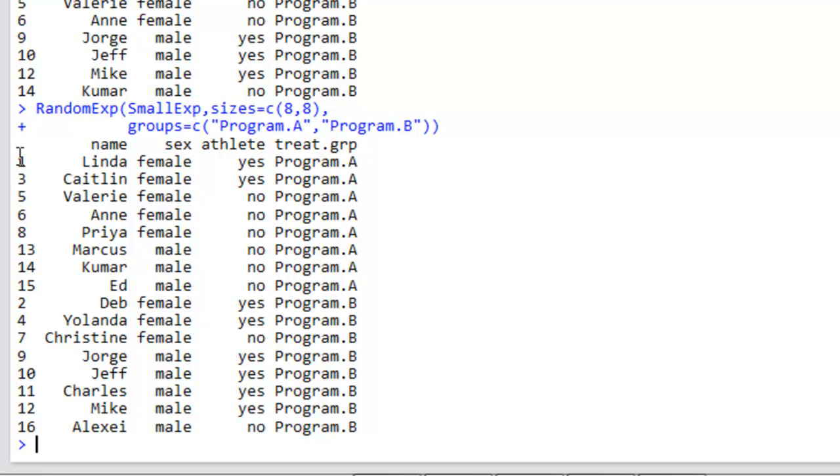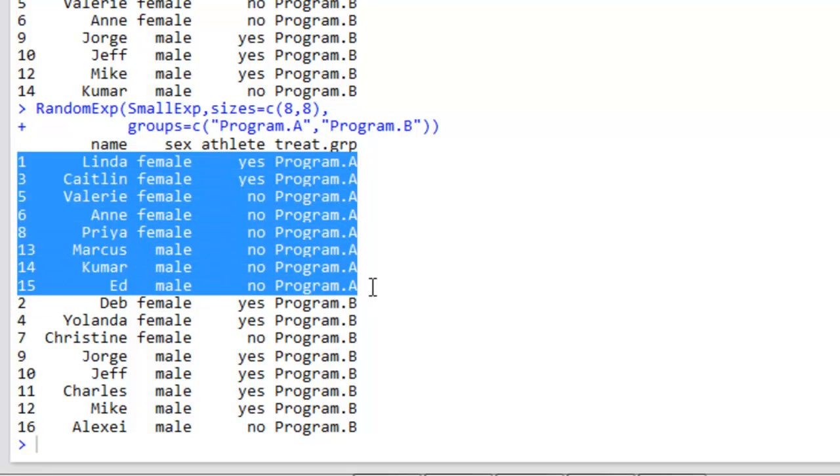And this time, it looks like we were mostly okay with respect to sex, 5 females and 3 males, but it's not looking too good with respect to athletic status. Program A has only 2 athletes and 6 non-athletes in it. And then Program B is similarly lopsided with respect to athletic status.